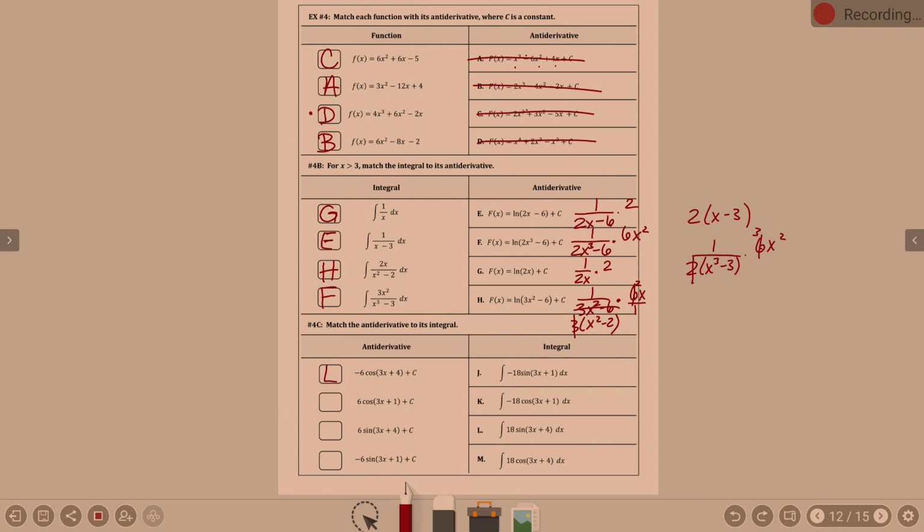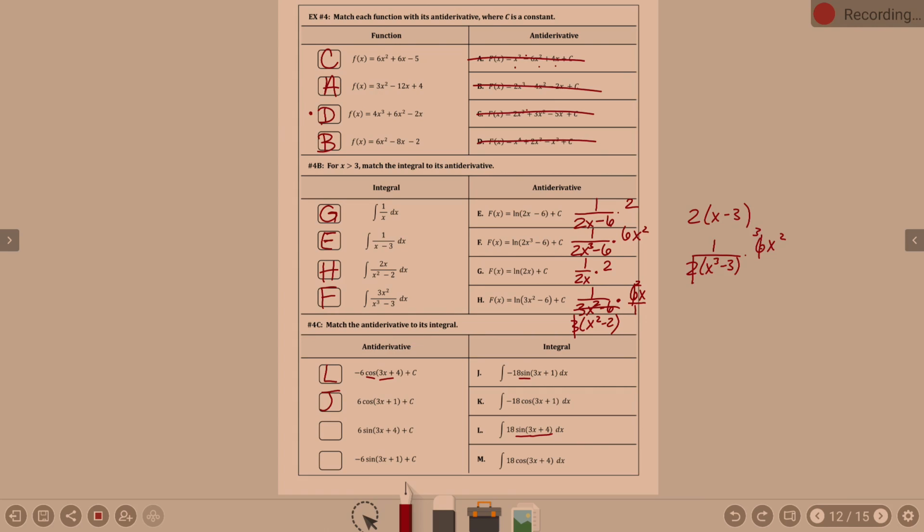Okay, so cosine has to go with sine, so it's either going with L or J. And then, that's smart, I wasn't paying attention to that. 3x plus 4 has to go with 3x plus 4. Oh, yes. Fair enough. So that means that one's L, and that means this one is J, because you've got to use the other sign, and 3x plus 1.